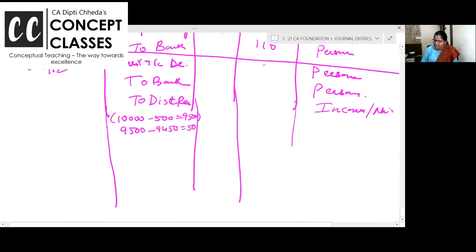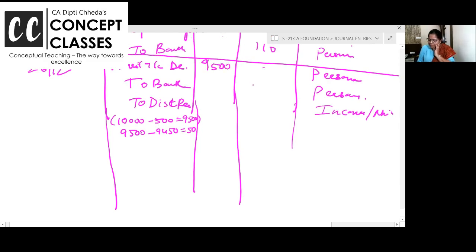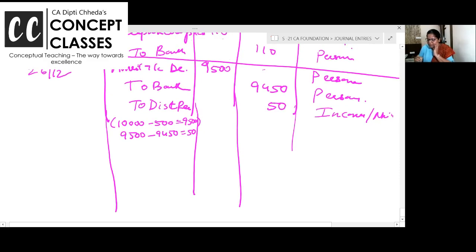So 50 rupees is what? Discount received. I hope you are getting it. Once again, I had to pay Amrit 10,000. Then I returned the goods of 500. So 9,500. Out of 9,500, I paid by bank 9,450. So 50 rupees is the discount received.